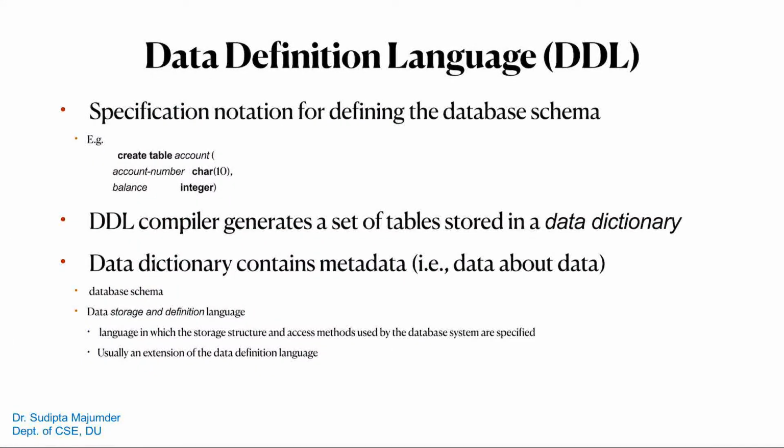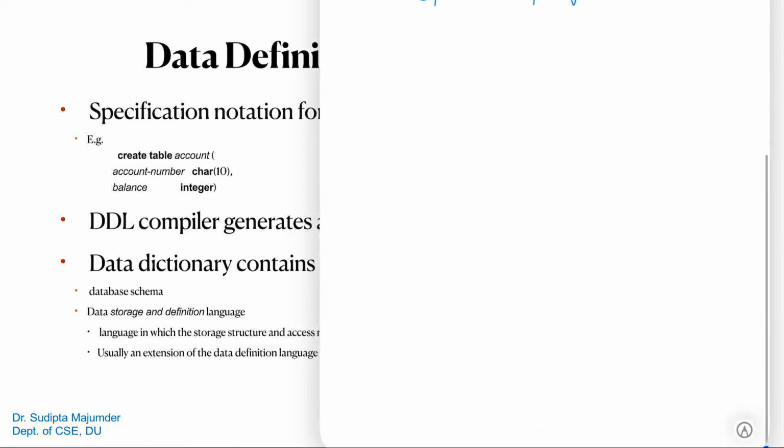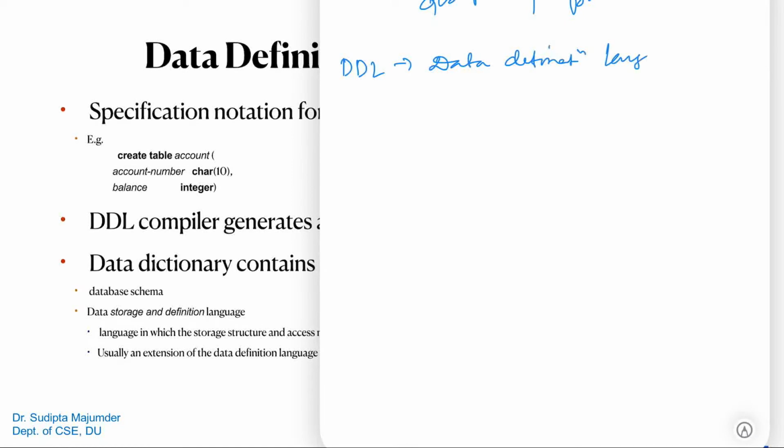The language of the database is SQL. The database system provides two types of language. One is called DDL, which is data definition language. The second one is DML, which is data manipulation language.